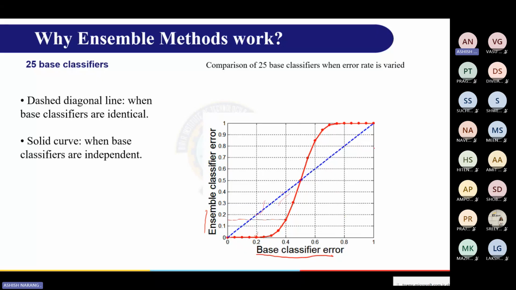And at this point, this has also reached 1. So depending on what the base classifier error is, the ensemble classifier error also varies. If it is identical, you see the blue line, both ensemble and base classifier doing the same mistakes. The moment the base classifier error goes beyond 0.5, that means 50% of the time it is making a mistake, the ensemble classifier error further increases.